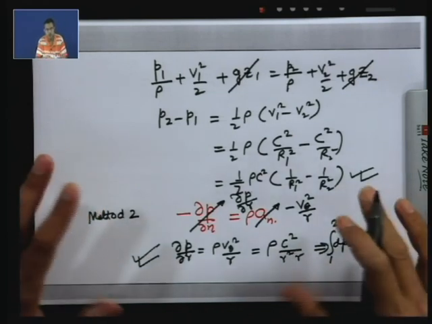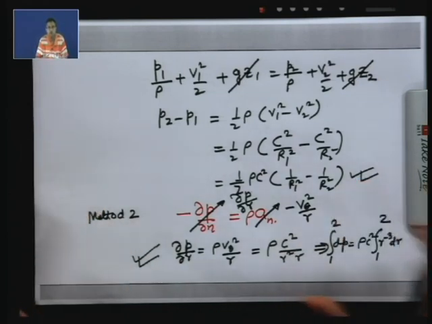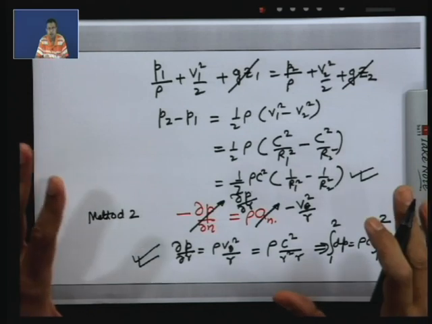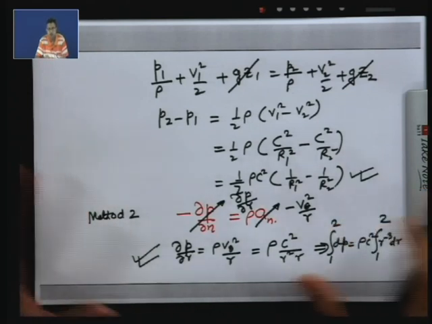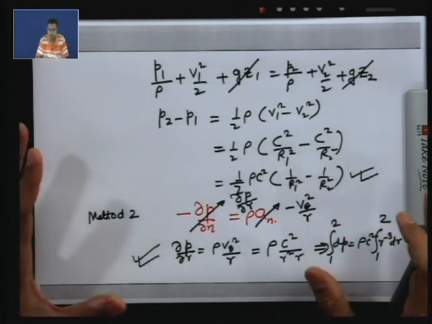So this shows different ways of solving the same problem, and most importantly the assumptions that we make for solving the problem.